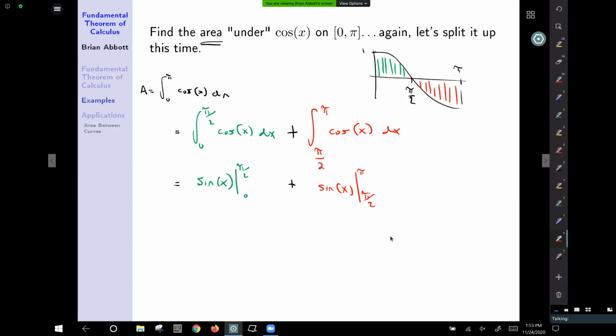All right, so writing that out, what do we see? We have in green sine of pi over 2 minus sine of 0, plus sine of pi minus sine of pi over 2. We're going to get the same answer here, but you're just going to see why.